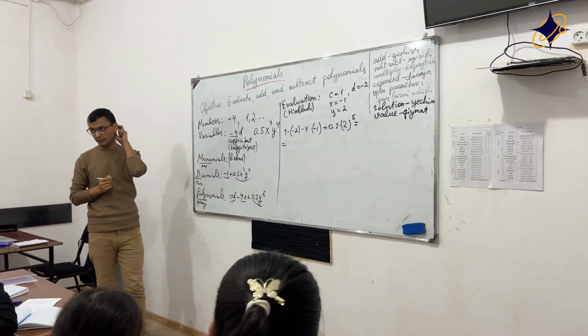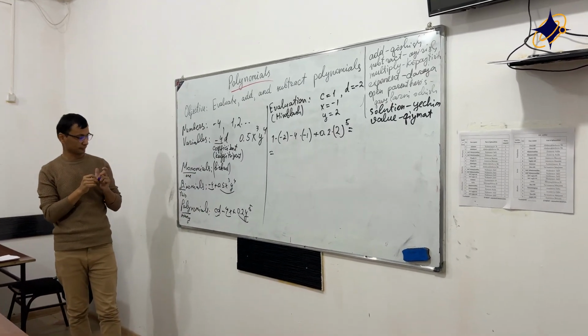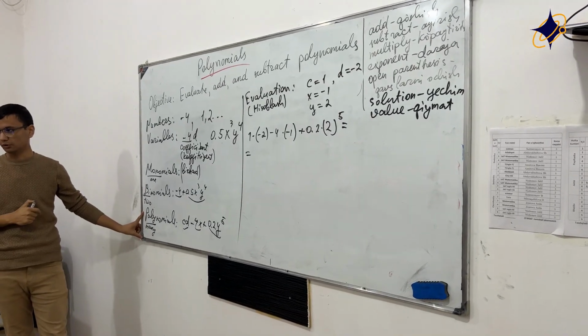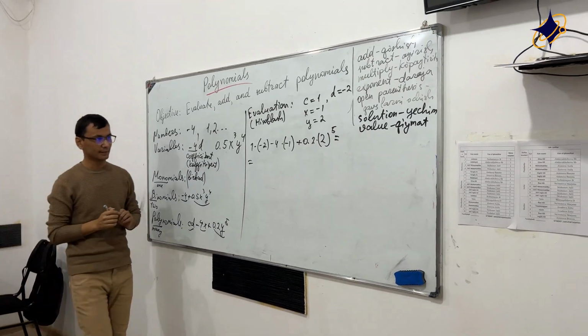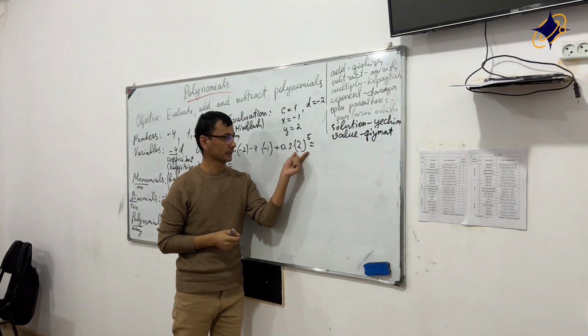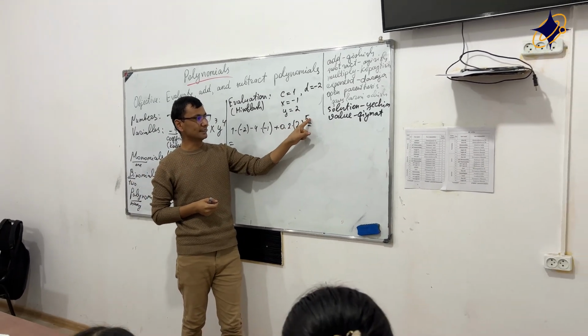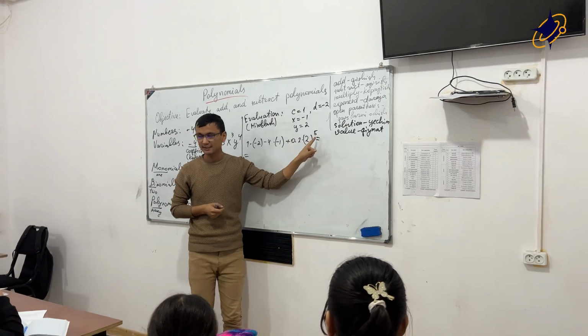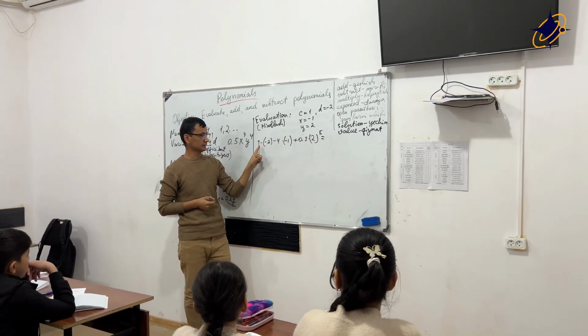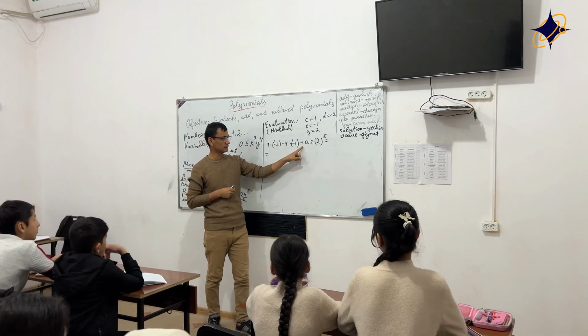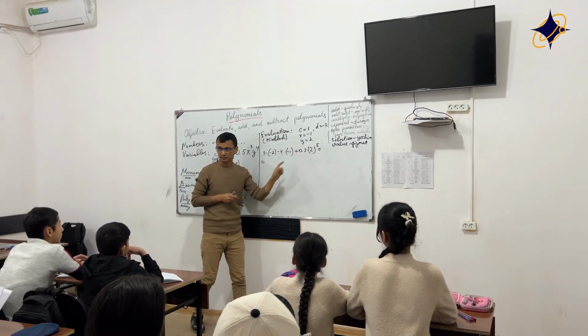We should evaluate this in order. And we have an order, you know, guys. Firstly, we should evaluate the exponent, then multiplications, and finally subtraction and addition.